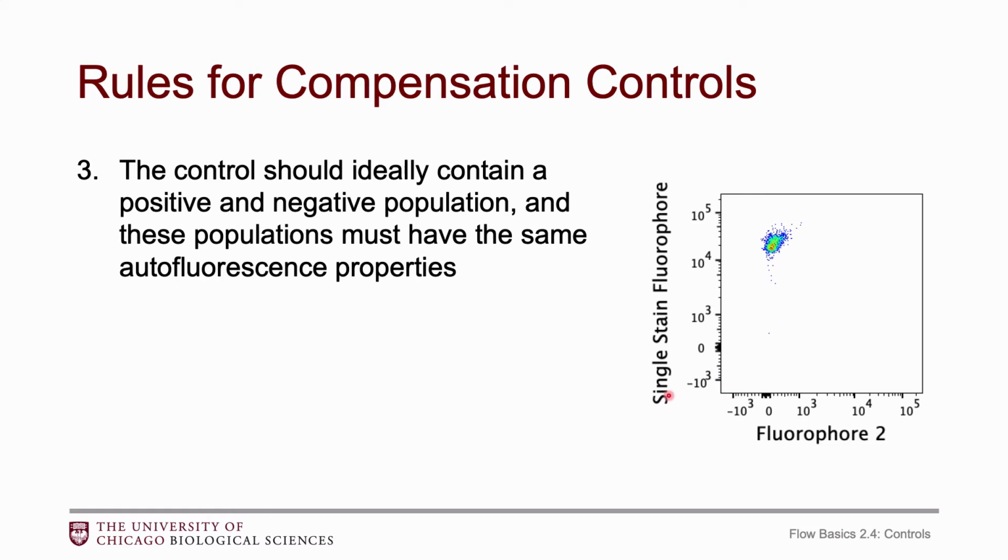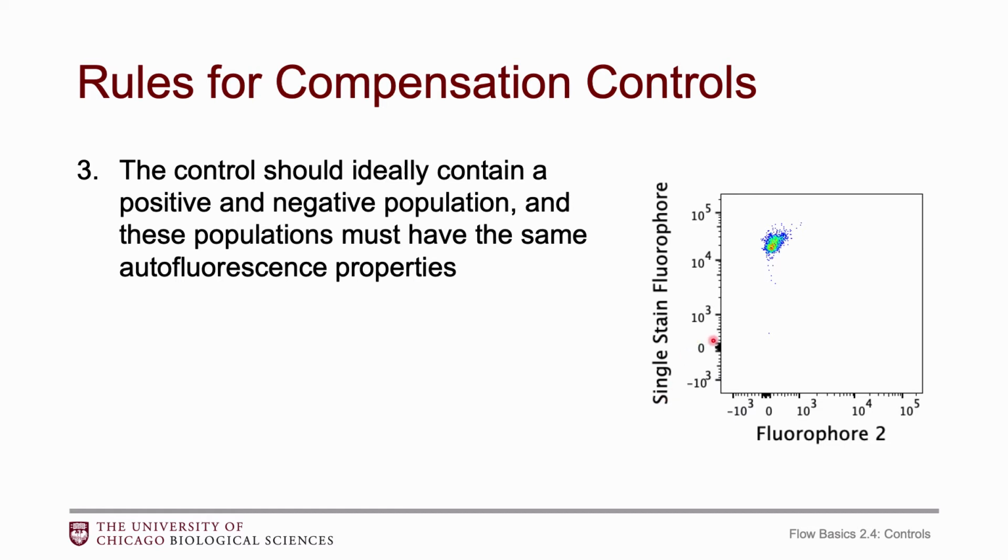Now, the note is if you're using universal negative, so if you're pulling the negative population from the unstained tube, you need to make sure that the two populations have matching autofluorescence properties.